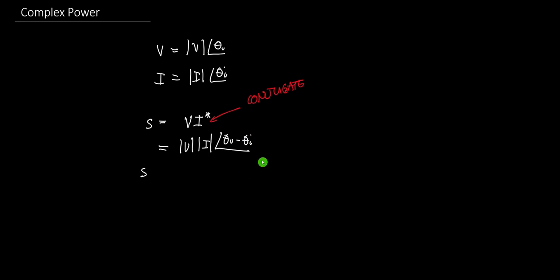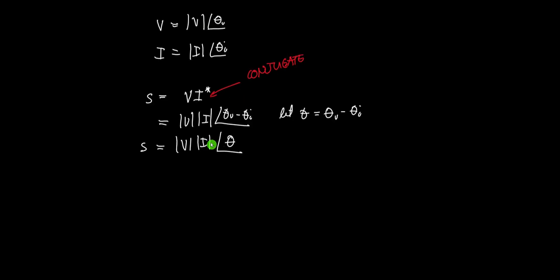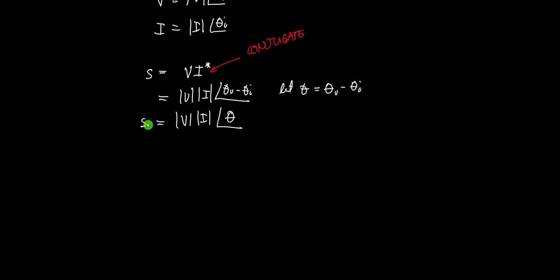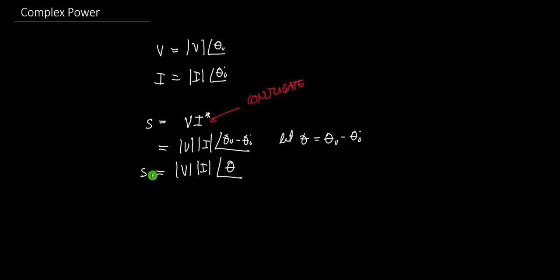If we let theta be the power factor angle, it is just the difference between the phase angle of the voltage and the current. So our S now will be equal to the RMS magnitude of the voltage and the current with the angle of theta. This is in polar form. So this is a complex power, and the unit here is still volt ampere.